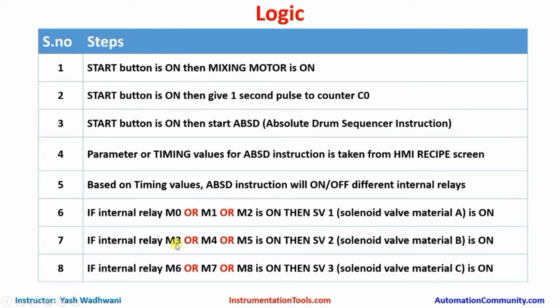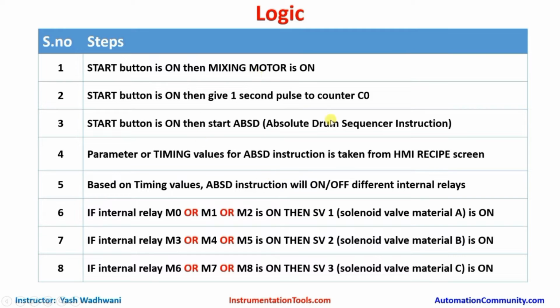Similarly, if M3 or M4 or M5 is on, then solenoid valve 2 for material B will be on. Similarly, if M6 or M7 or M8 is on, then solenoid valve 3 for material C will be on. So this is the logic.